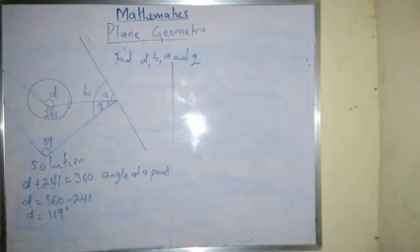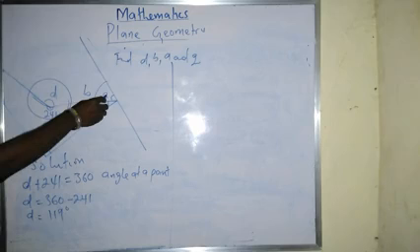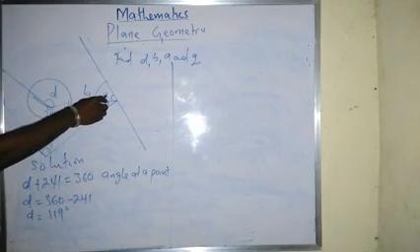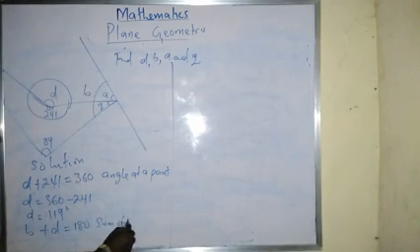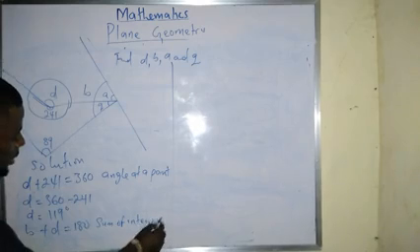What again can I do here? Okay, if I take the sum of interior angles, this is interior, and this is interior with what is here. It means I can say that B plus D equals 180, sum of interior angles.